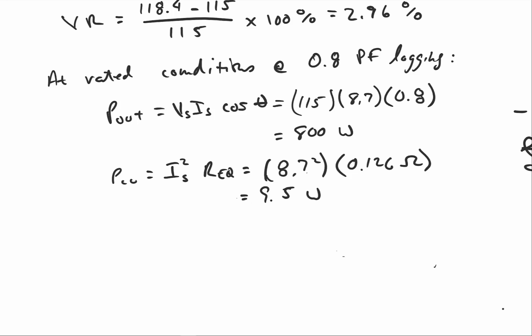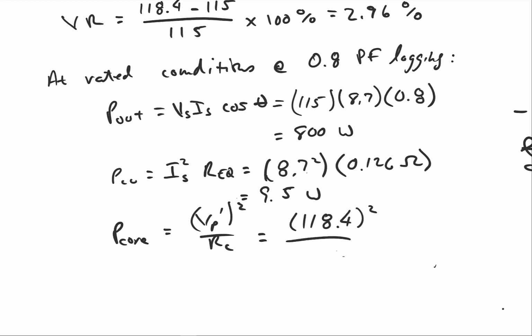Our core losses, we can compute that by doing Vp prime squared over R sub C. And that's 118.4 squared divided by 3383.